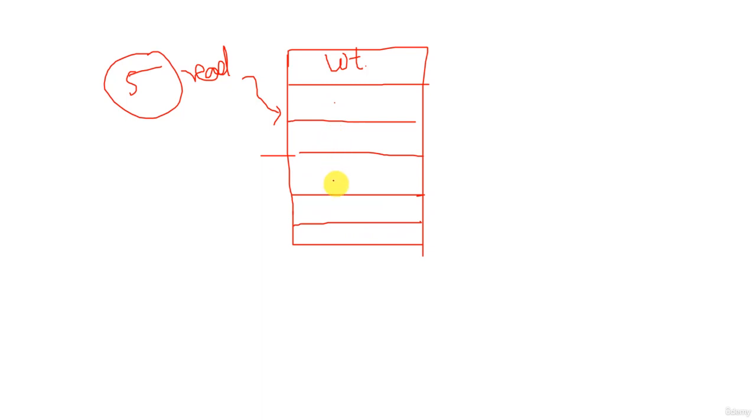So 1, 2, 3, 4, 5. Let us say the first person's weight was 50 kgs. So it was measured in kg. Now the second person's weight was 30 kg. So a really thin person.